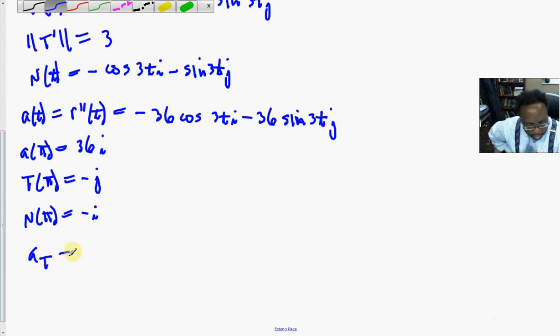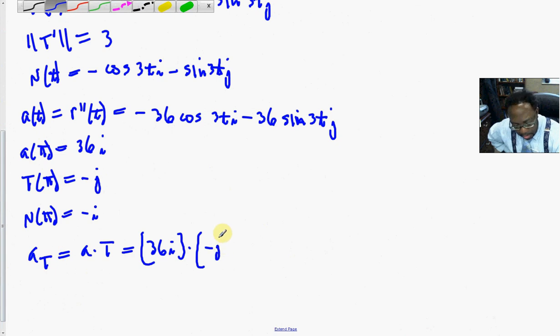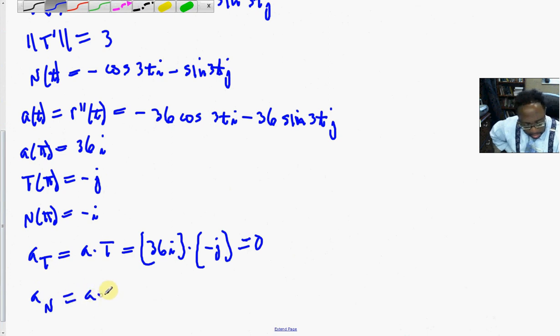So a sub t is the dot product of a and T, and so the acceleration was 36i, and then the tangent evaluated at pi is negative j, so we get 0 there. And then a sub n is a dot N. The acceleration is 36i.